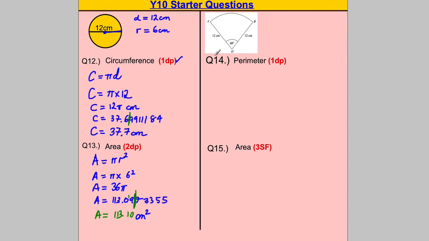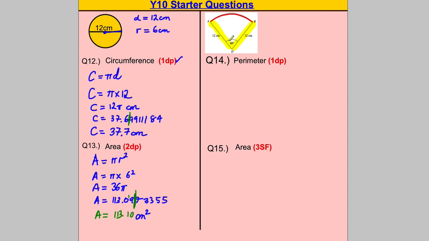Okay, now we're asked to work out the perimeter of this shape here. So don't forget, you need to be careful here when working out the perimeter. It will be the curved arc length, okay, that you'd have to work out. So it would be this arc length here, but also you'd have to add in this radius and this radius.